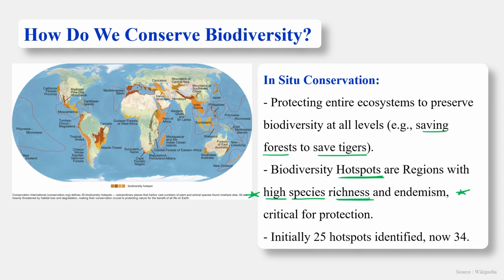Initially, 25 hotspots were identified, but right now the number has increased to 34. As you can see in this particular picture, 34 areas are mentioned as biological hotspots. And in our country, the Western Ghats, the Northeast Indo-Burman region and the Himalayan belt come under this category.